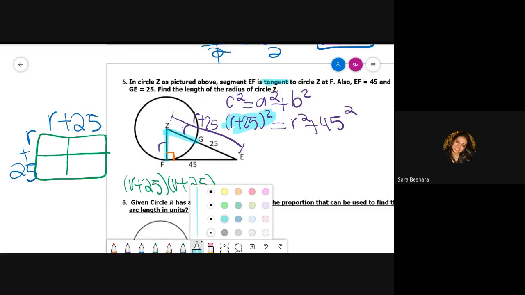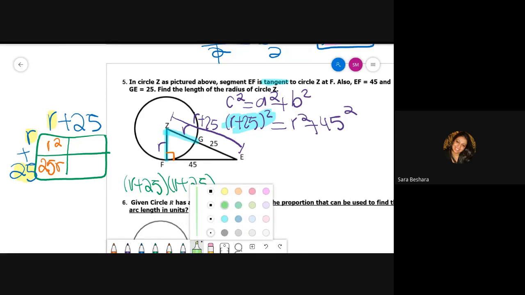We have to multiply r times r, then r times 25. So r times r is r squared, that goes here. And then r times 25 is 25r. Now we do the same thing with the 25.